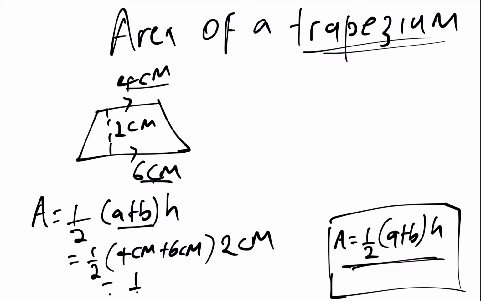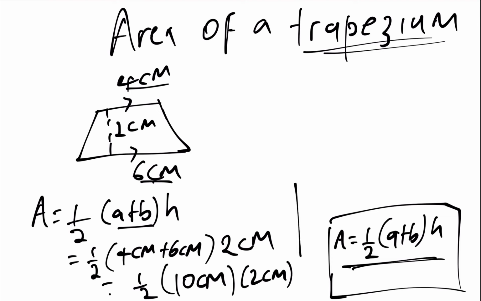You'll get half times 4 plus 6, that's 10 centimeter, times 2 centimeter here. 10 times 2 is 20, divided by 2, so you'll get 10 centimeter squared.